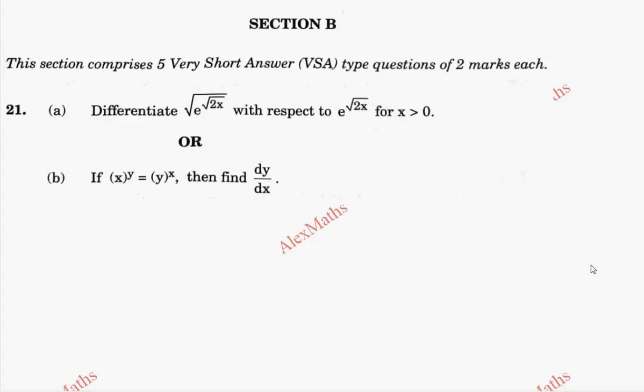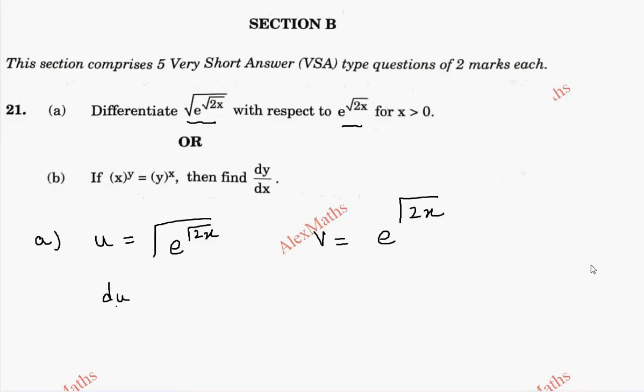Next part, section B, question number 21, and we have our choice. So let's take the A. We are going to differentiate this with respect to this. We take u as root of e power root of 2x and v as e power root of 2x.